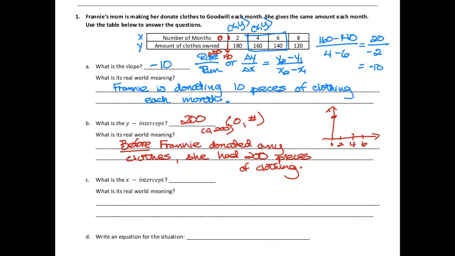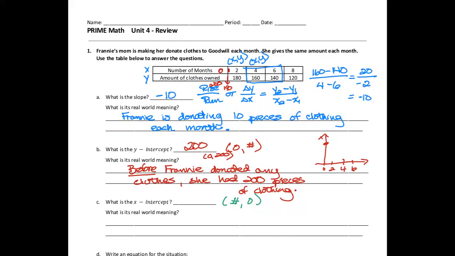Okay, so the x-intercept. The x-intercept is going to be on the x-axis, and I'm looking for some number for the x value, and I know my y amount is going to be 0. So the y's are getting smaller and smaller, okay? So I'm going to erase this for just a second so we can extend this out.